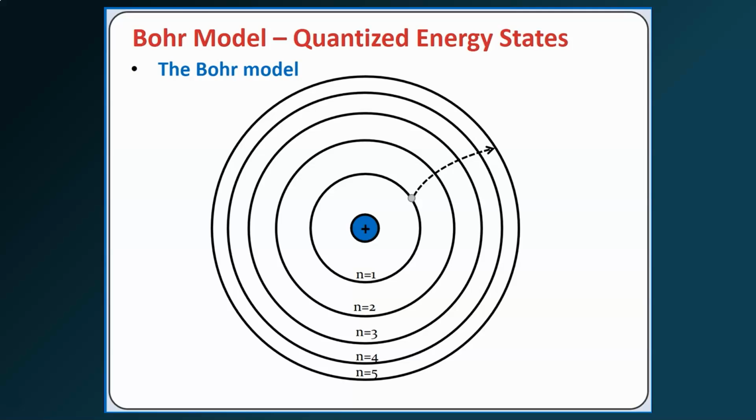The electron will spontaneously drop back down to a lower energy level, as it is attracted to the positive nucleus. When it drops from a higher to a lower energy level, it emits a photon with an energy equal to the difference in energy between the 2 energy levels.